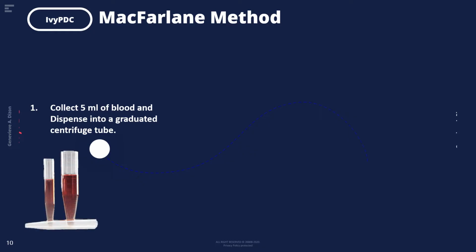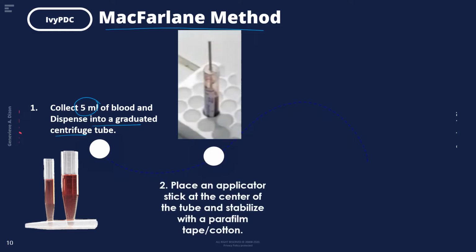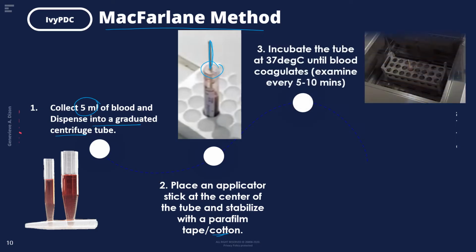The McFarlane method is a quantitative test that we will be performing in the laboratory. You are to collect 5 ml of blood and dispense it into a graduated centrifuge tube. After dispensing, place an applicator stick in the middle, and to keep this in place, use a parafilm or a cotton. After placing the applicator stick, incubate the test tube at 37 degrees Celsius until it coagulates.